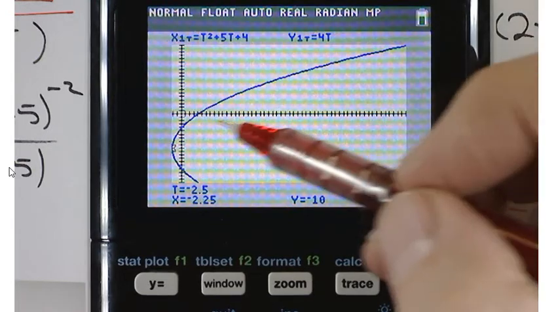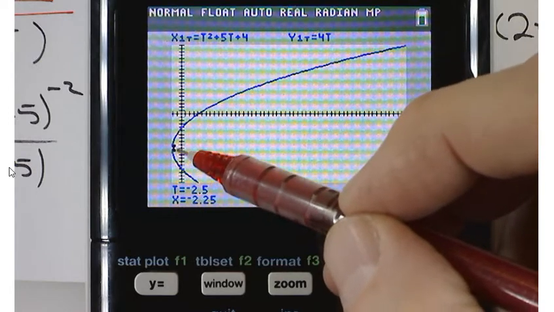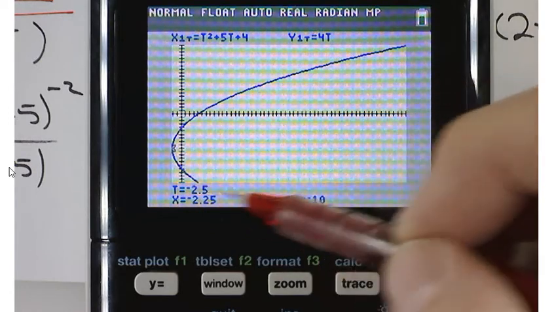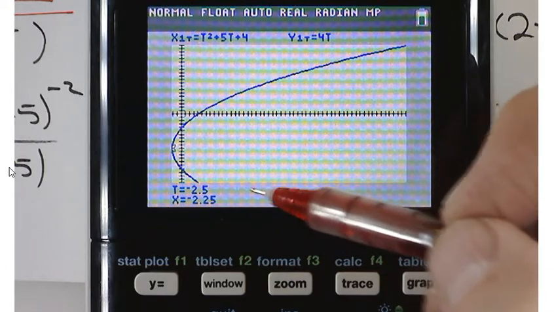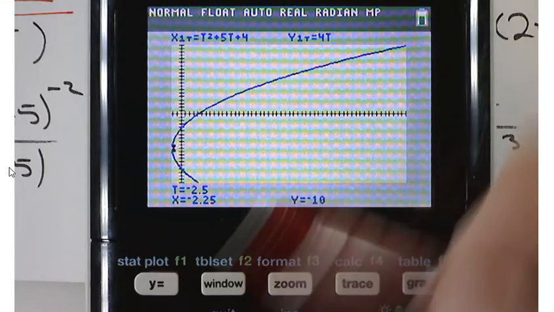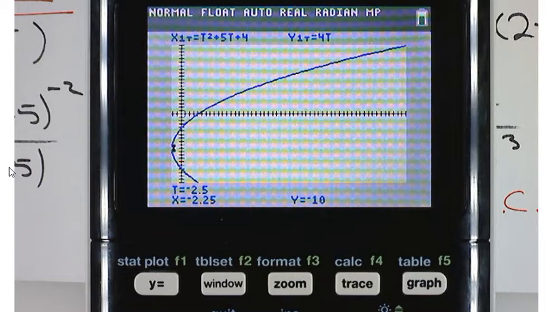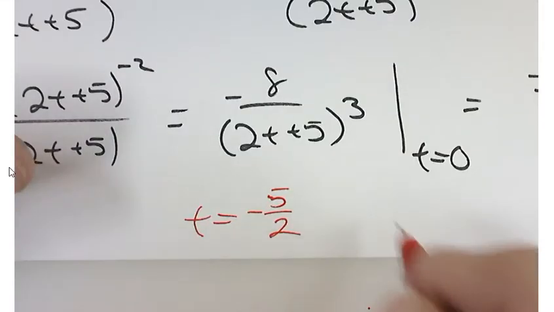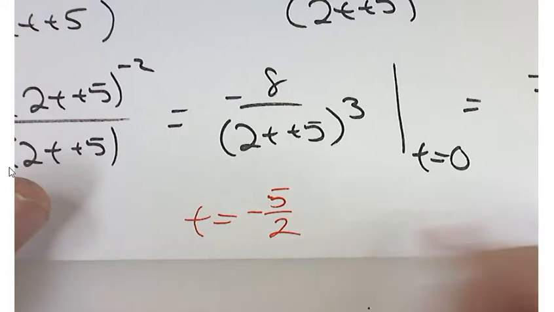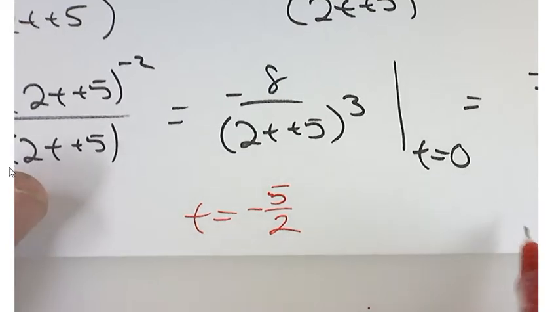And notice what happens. The function at that point changes over from concave down to concave up. So it changes concavity right at that point. Right there, it's neither concave up nor concave down. Yeah, it's right at the cusp. So it's concave down from negative 5 halves to infinity for t, and it's concave up the rest of the way.